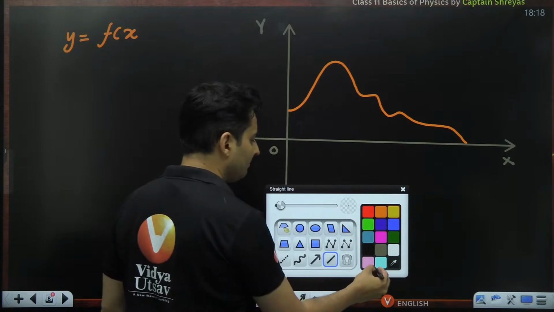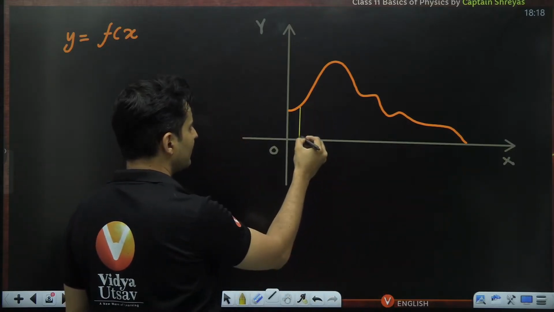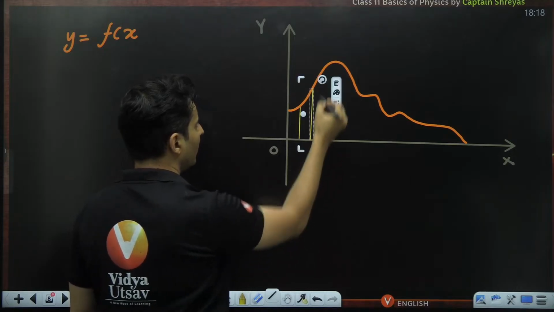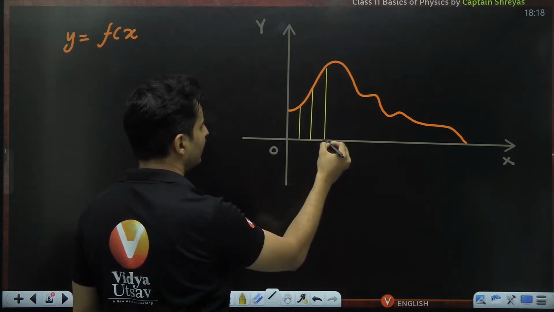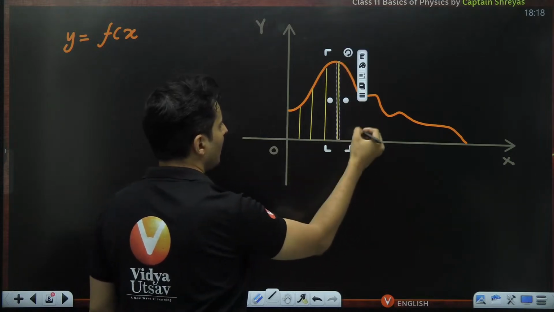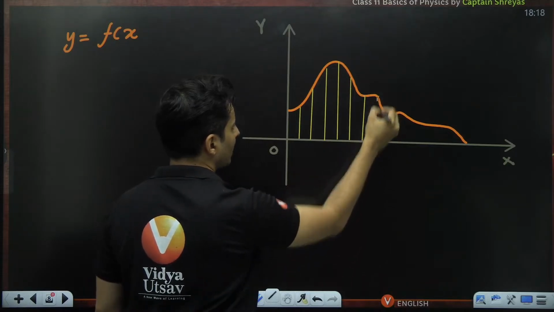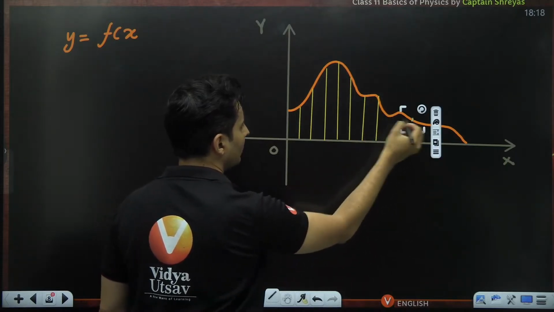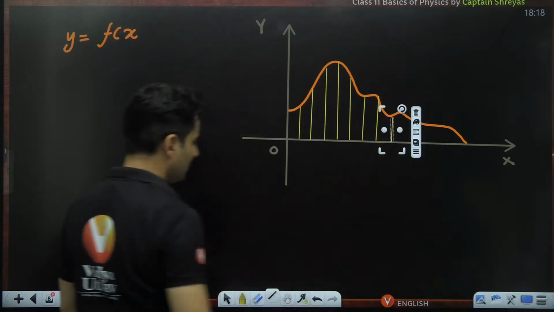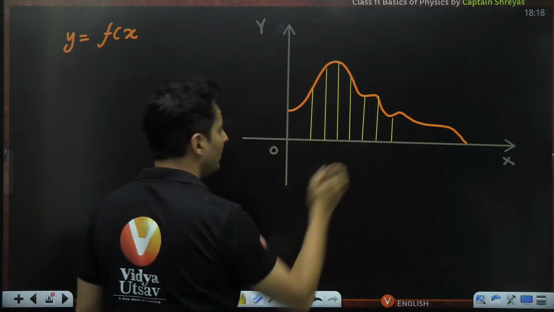Say, for example, here is what I do. I will draw vertical lines like this. Okay. And let's say I want to measure the areas of all of them, maybe from one point to another point.